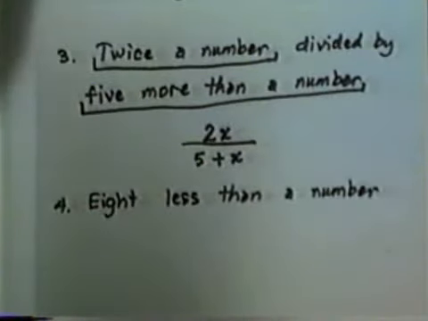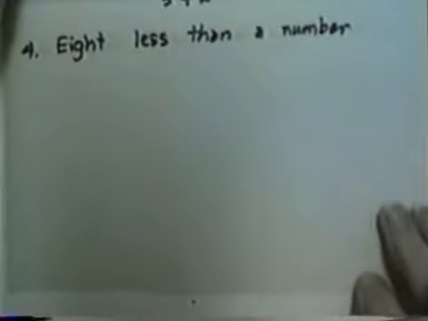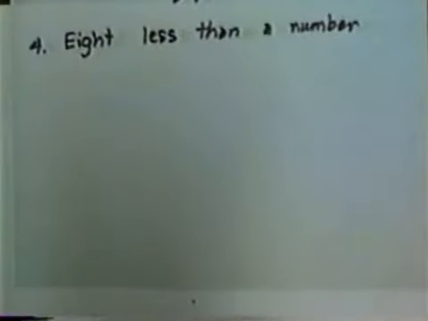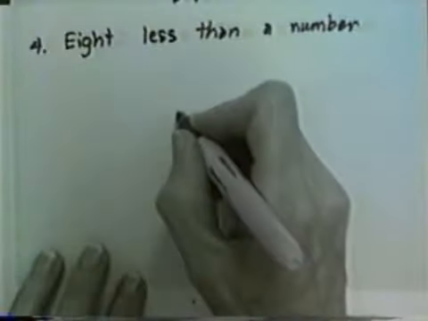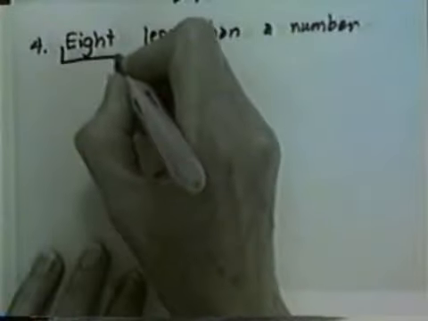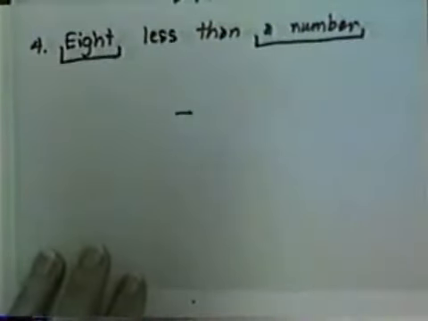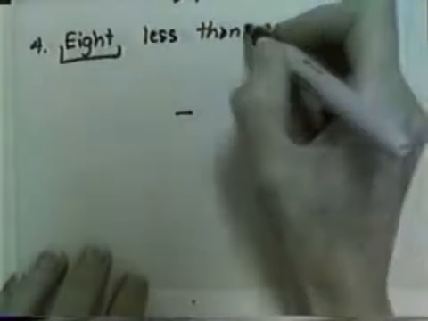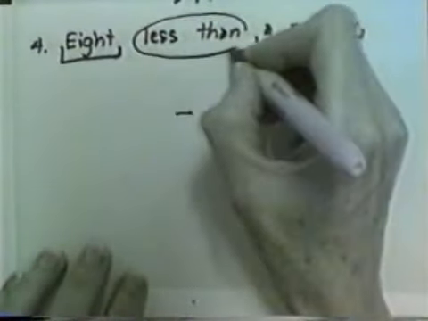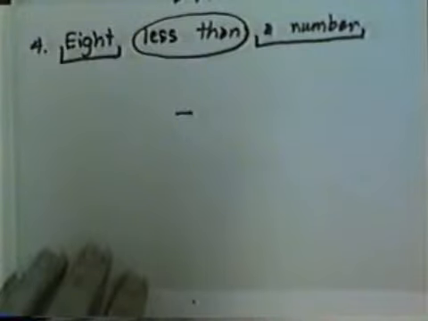Example 4. 8 less than a number. Less than tells us we're subtracting. The two numbers are 8 and a number. But less than is that red flag phrase that says, do you remember?